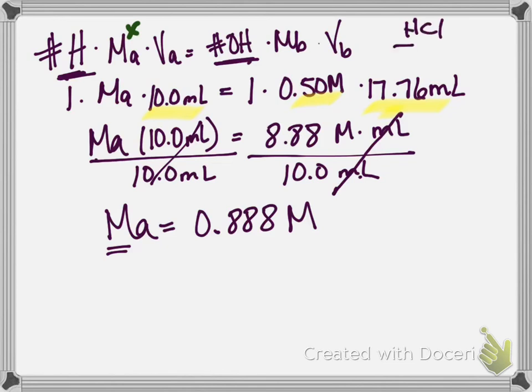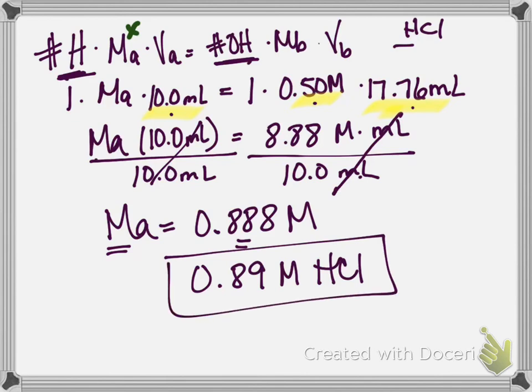If I see HCl, there's only 1 hydrogen. So those don't count towards sig figs because it's not a measured value. So again, back to here, 3, 2, 4, the lowest amount is 2. So this would become 0.89 molar HCl. That is the concentration of our unknown acid.